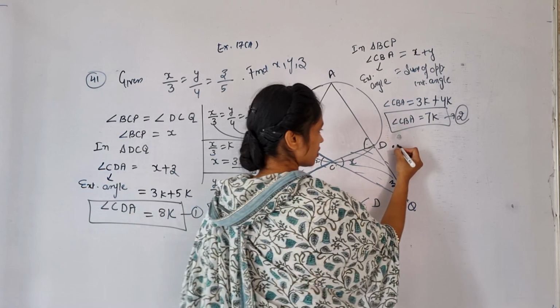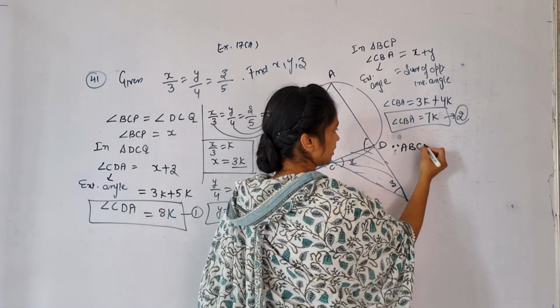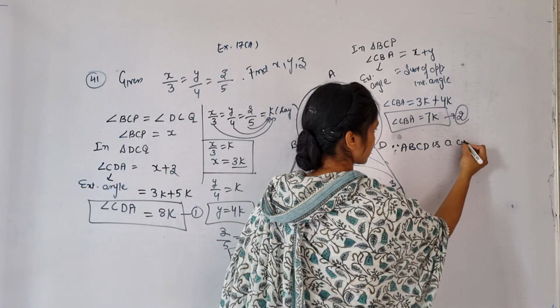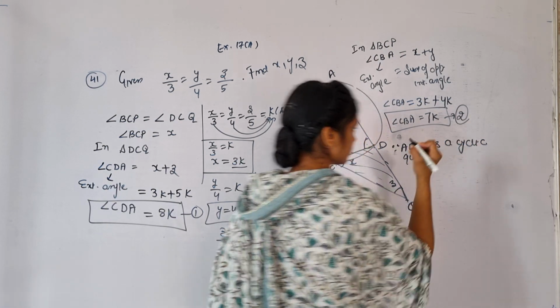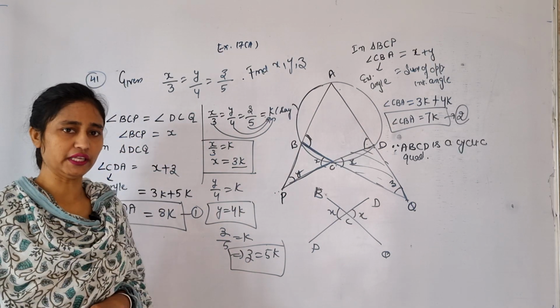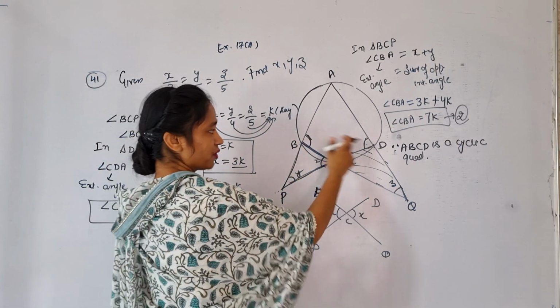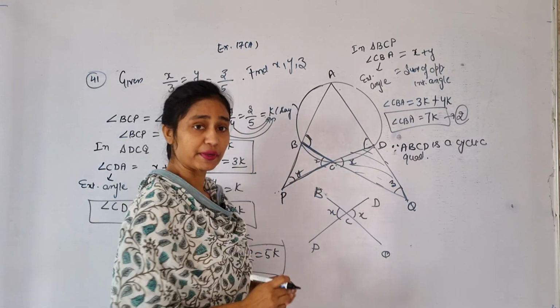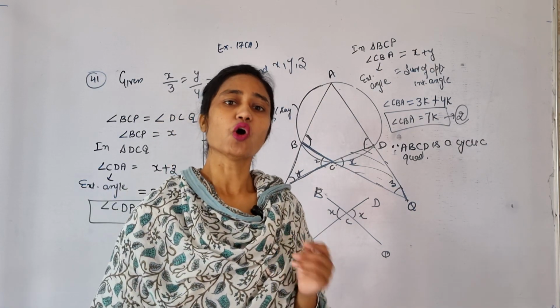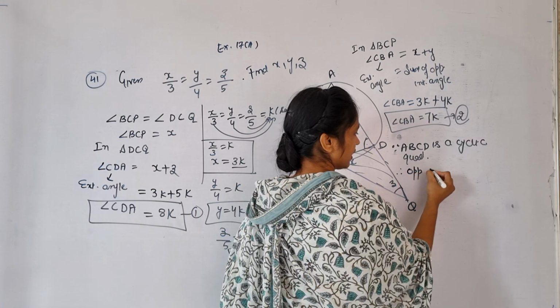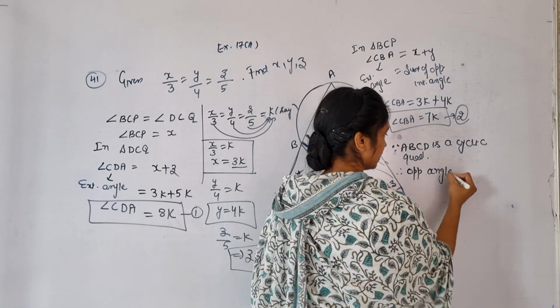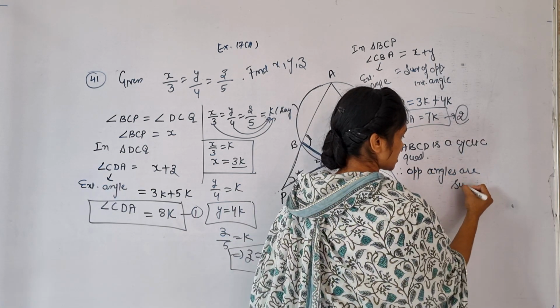Now because ABCD is a cyclic quadrilateral, then we know that opposite angles are supplementary. In cyclic quadrilateral, opposite angles are supplementary.